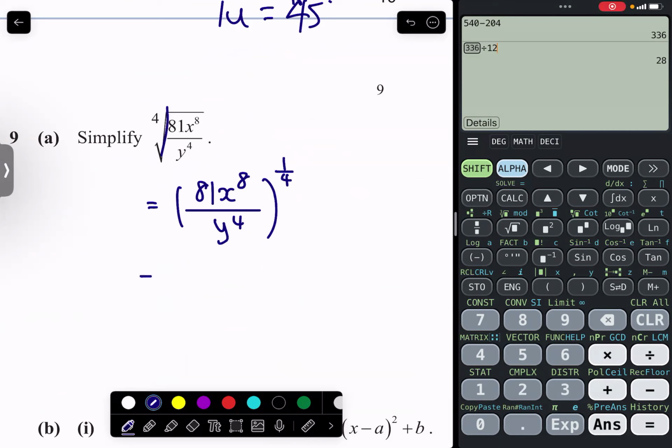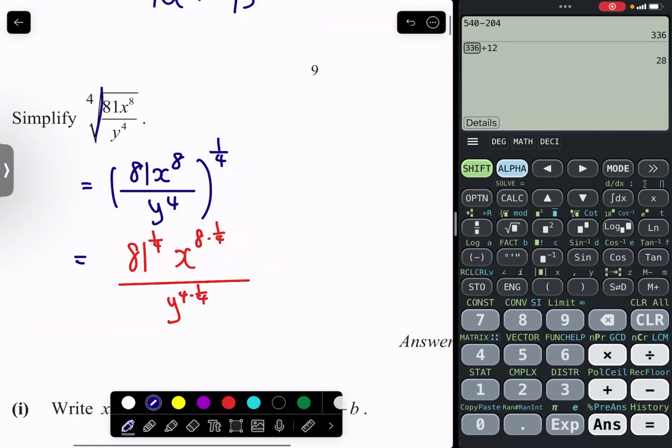The power of a quarter will affect everything inside the bracket, so we get 81 to the power of 1 quarter, x^8 times 1 quarter, over y^4 times 1 quarter. It's not 81 times a quarter, it's 81 to the power of 1 quarter. So we get 3x squared over y. Answer.